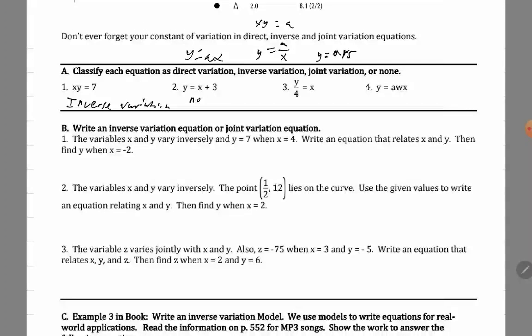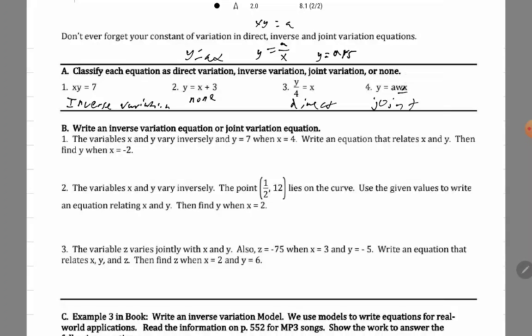That's our typical y equals mx plus b, so none of the above. If I multiply 4 to both sides, I'll get y equals 4x, so this is direct. And then lastly, y varies jointly with w and x, so this is joint. See how there's two different variables here. So that matches the joint variation.